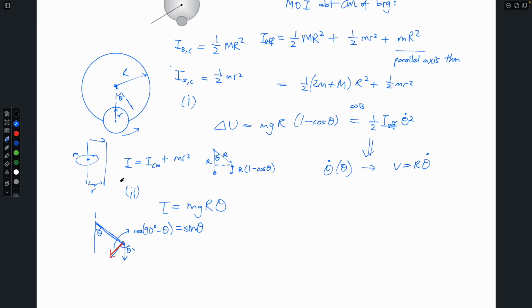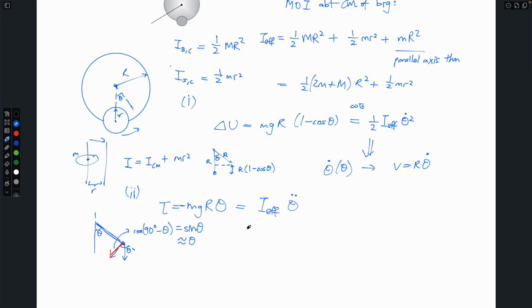But we do a small angle approximation to get sine theta equals theta. And then maybe I should add a negative sign here, to denote that as the angle gets bigger, the torque should act in the opposite direction of the angle getting bigger. This is equal to the moment of inertia times the angular acceleration.